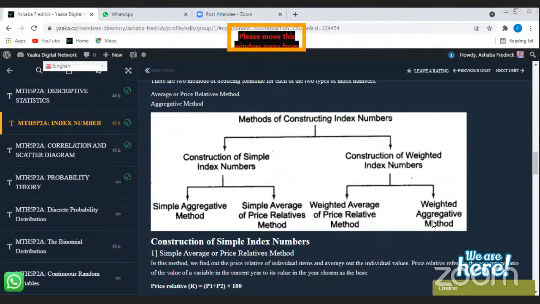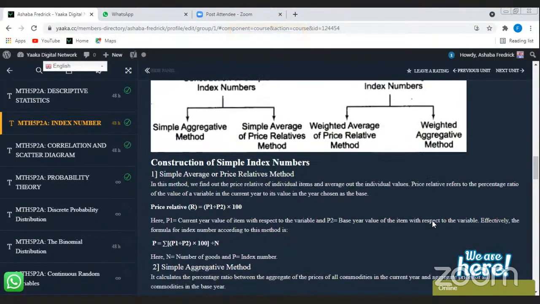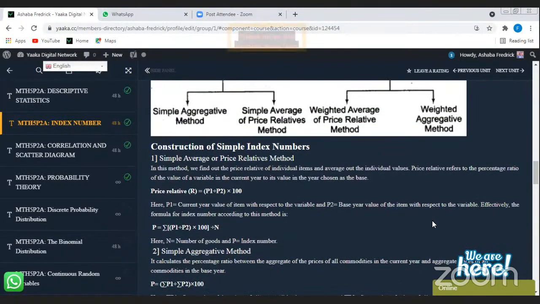So there are basically four methods that we are going to use to calculate. So we begin with a simple average of price relatives method, and that one is just simple as it suggests.